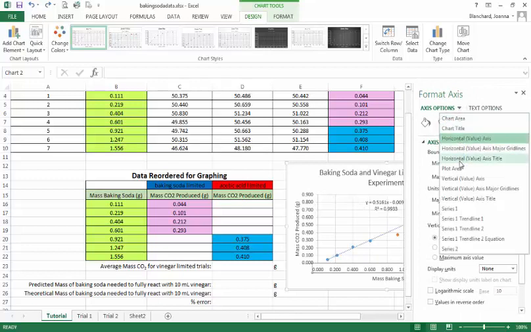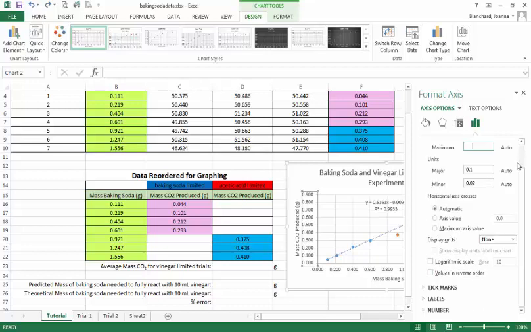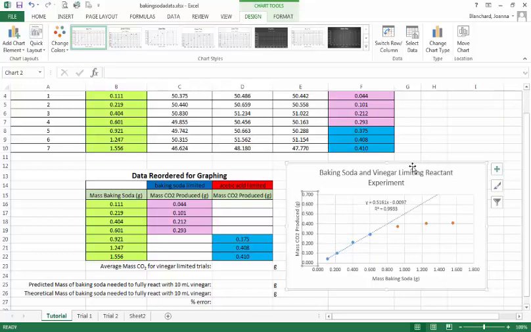What I want to do is format the vertical axis value so that the maximum is something a little lower. And we can close this.